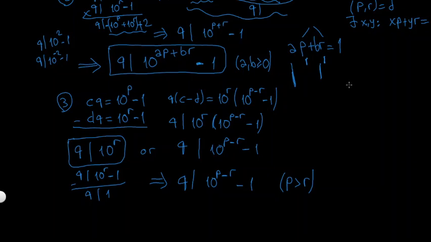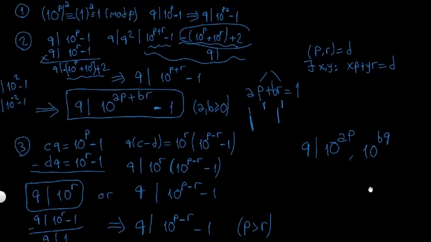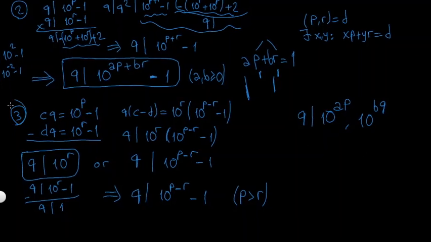I can just combine the second property with the third. I know that if Q divides 10 to the P, it will divide 10 to the AP. And it also divides 10 to the BQ. Now combining this with the third property, if AP is bigger than BQ, then I know that it would divide their subtraction.